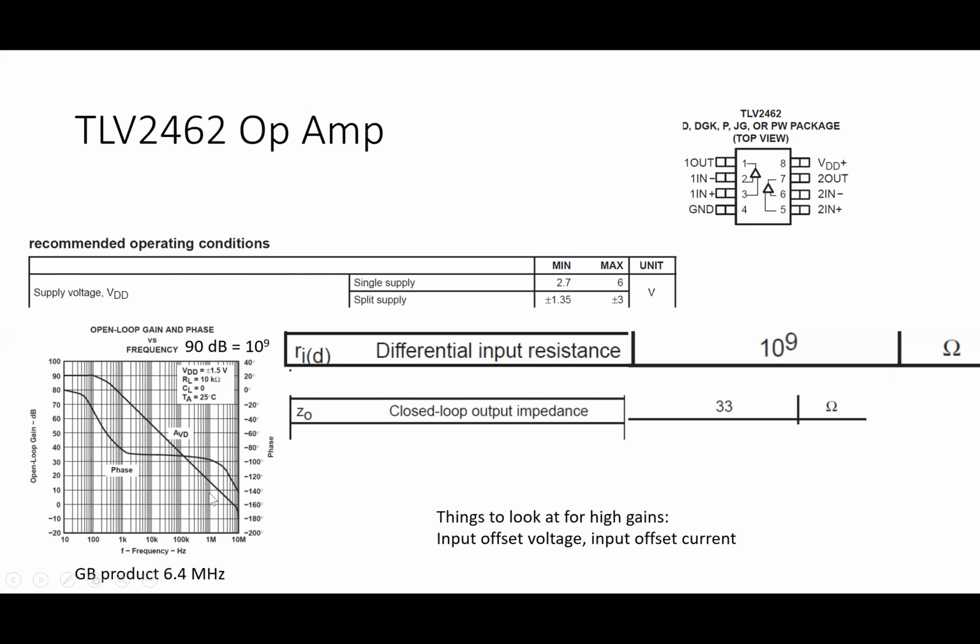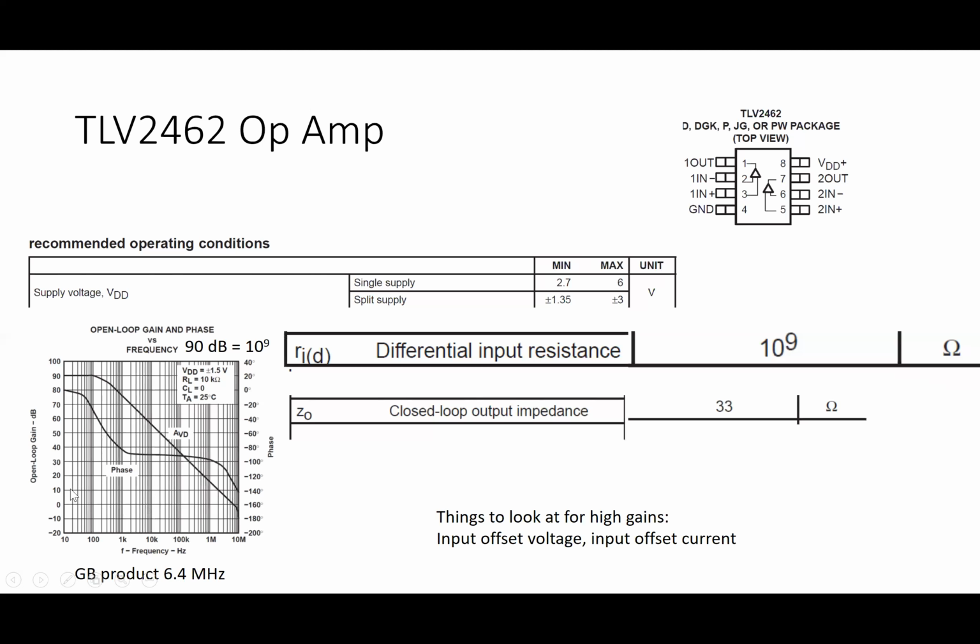This is characterized by something called the gain bandwidth product of 6.4 megahertz. And you'll see from this plot that 0 here, which is where unity gain in terms of decibels, is somewhere here between 1 and 10 megahertz, i.e. 6.4 megahertz.